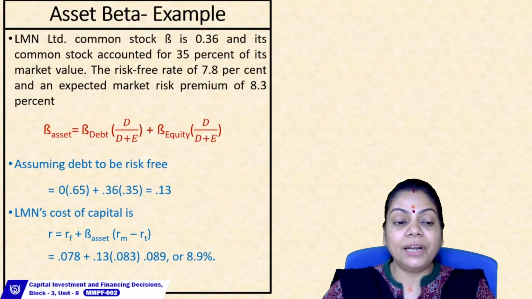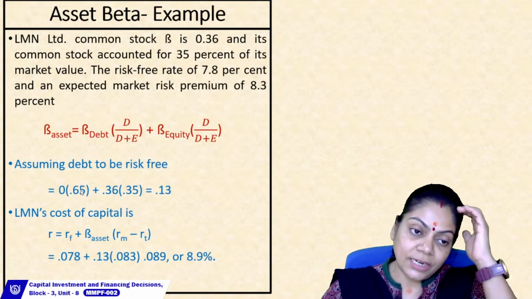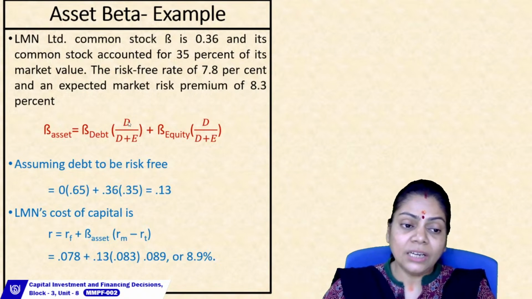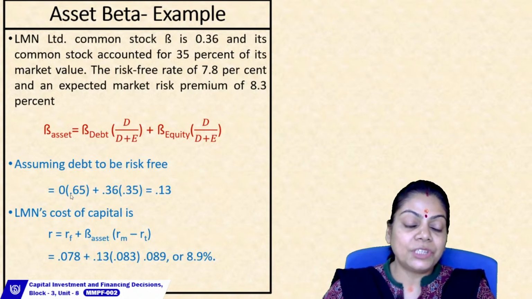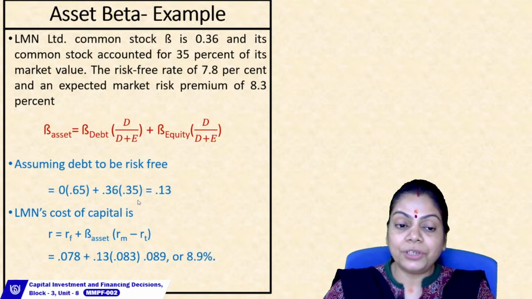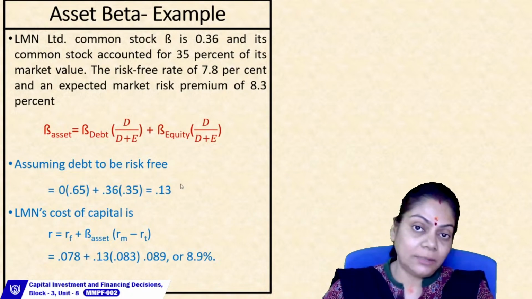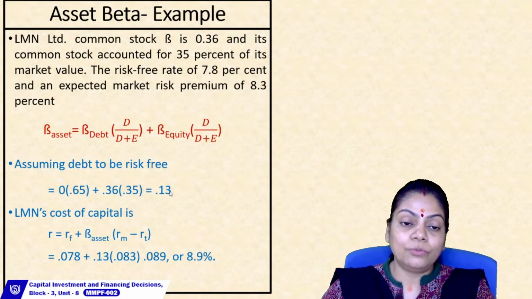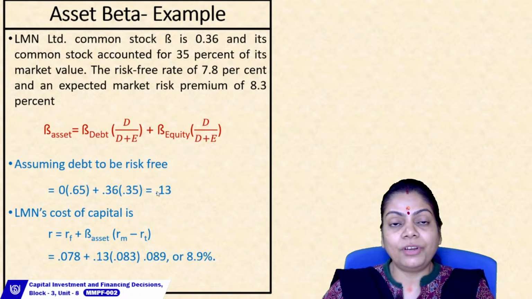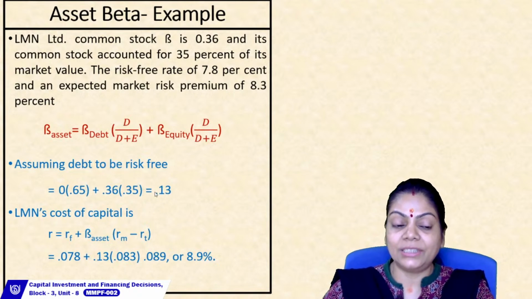The beta of debt is 0 into the proportion of debt, that is 65% divided by 65% plus 35%, that is 100%, into 0.65, plus the equity beta, that is 0.36 into 0.35. So that gives me the asset beta or the firm's beta to be 0.13, which is very low. It turns out very low because we have assumed that the debt is risk free.